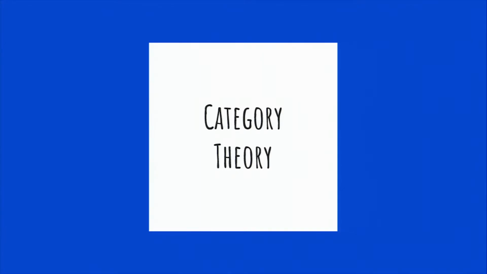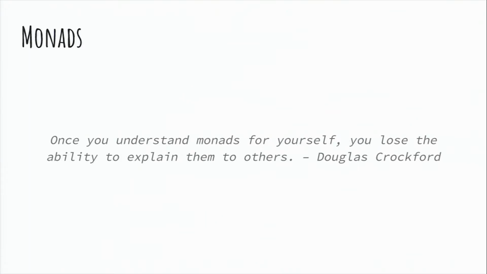Of course, there's also one thing that all functional programmers talk about, category theory, and especially monads. And do you know Douglas Crockford? He said that once you understand monads for yourself, you lose the ability to explain them to others.